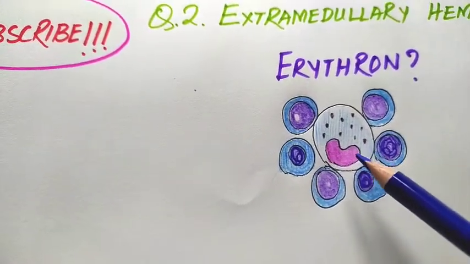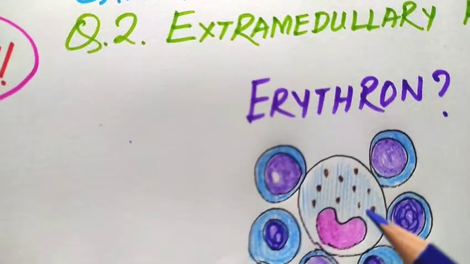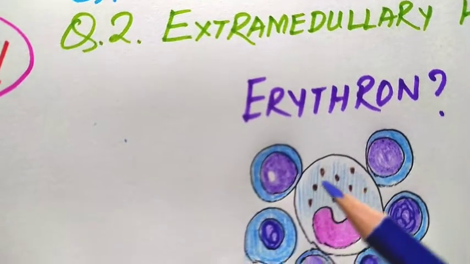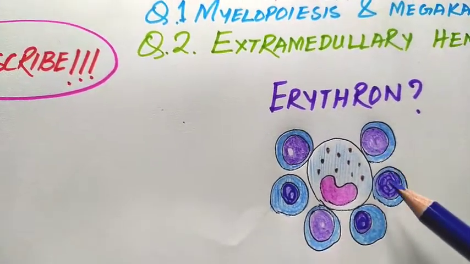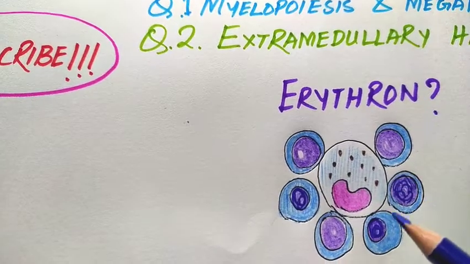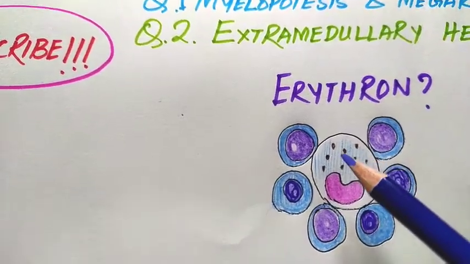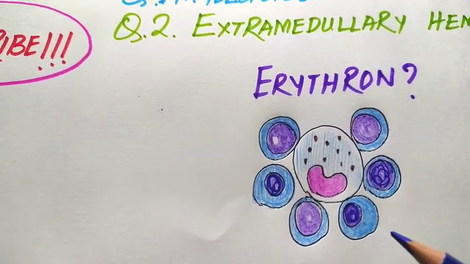At the center, there is a macrophage that contains brownish iron in the form of hemosiderin, and in the periphery, there are various erythroid precursor cells. During the process of maturation, this iron is utilized in the formation of hemoglobin.